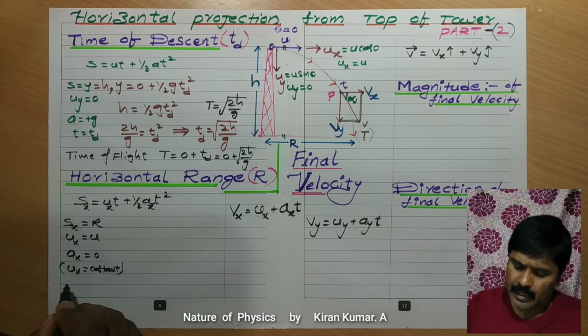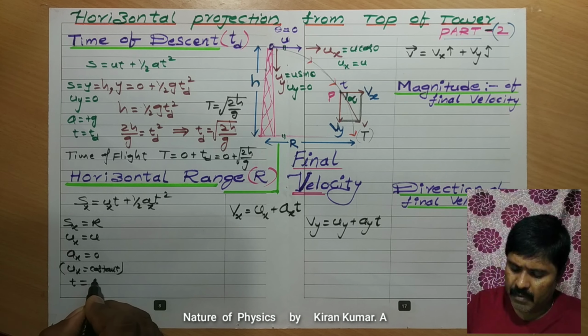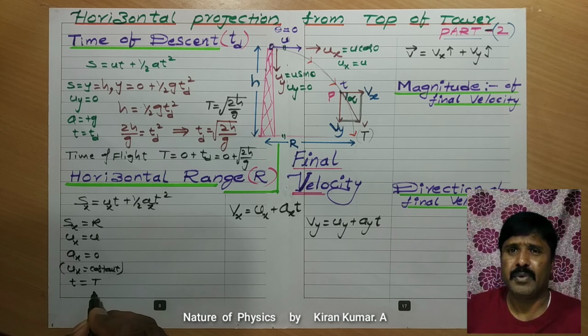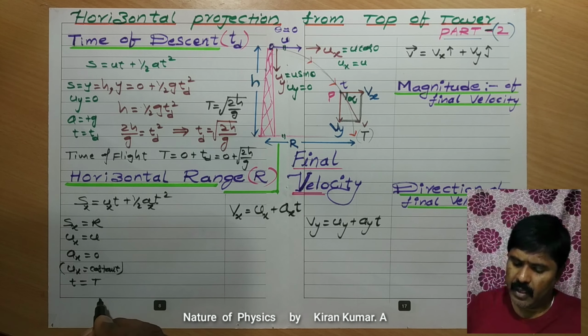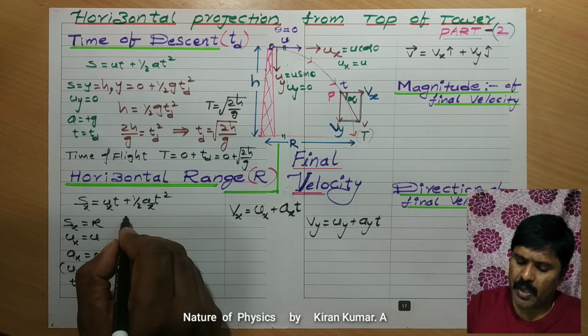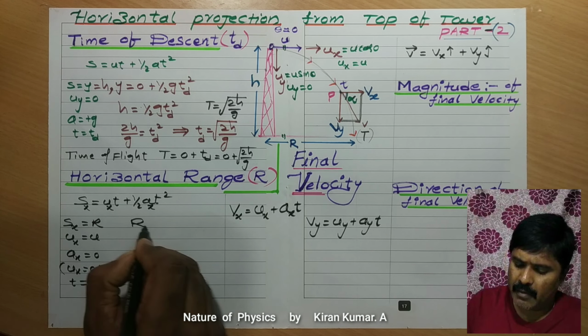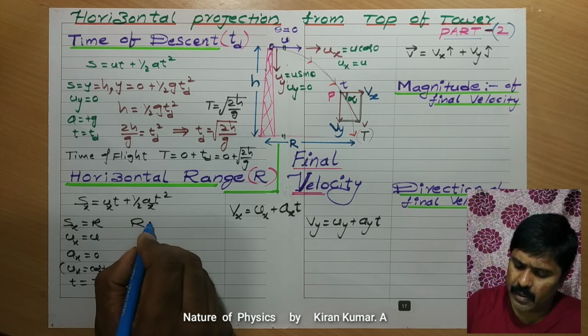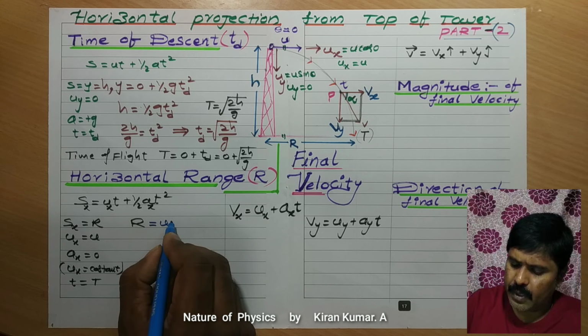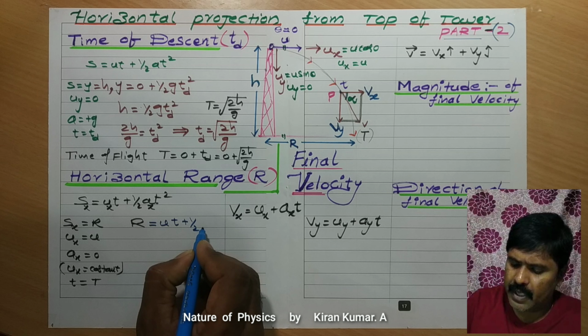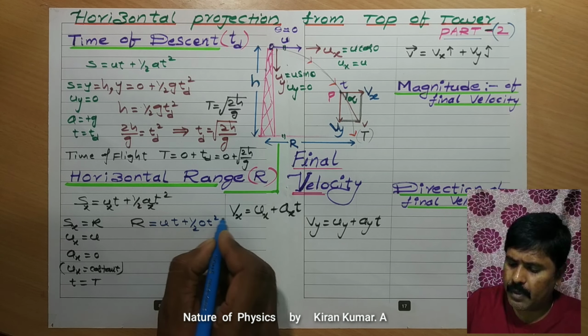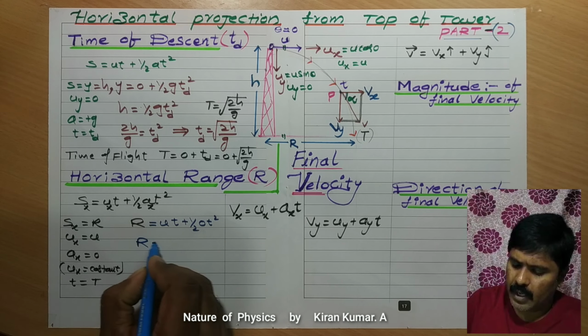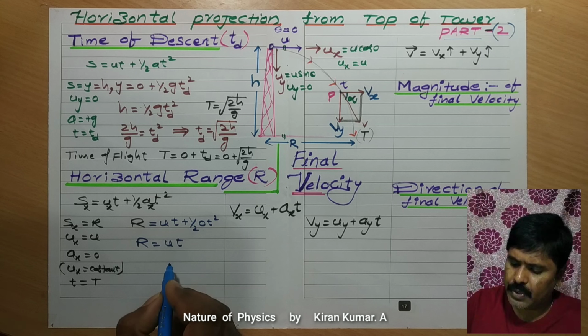Okay, so the time t is written as the time of flight, capital T, student. Now replacing the values in the above equation, R is equal to ux, that is u, into t plus half ax, which is 0, into t square. So R is equal to u into T, student.